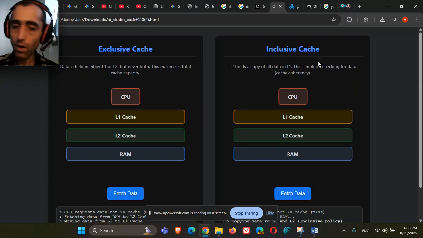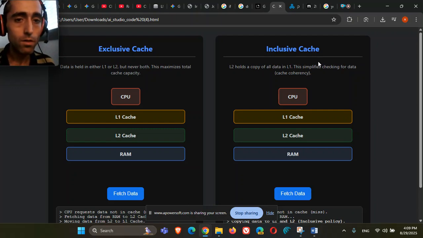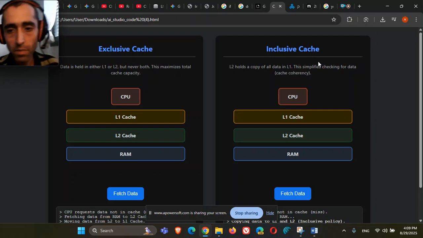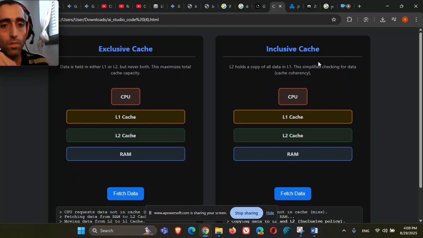Of course, L2 cache is a bigger cache. It will have the data in L1, but also more data. So in the inclusive cache policy, everything that is in L1 will also be in L2, and L2 will have more of this.